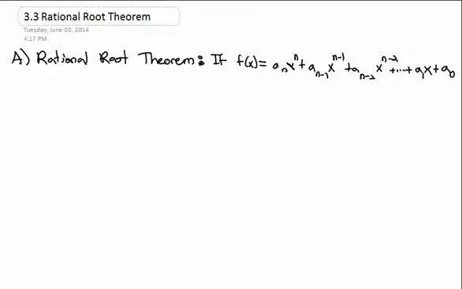Basically any type of polynomial, 5x to the fifth plus 2x to the fourth plus 7x to the third plus 6x squared plus 2x plus 9. Any type of polynomial.